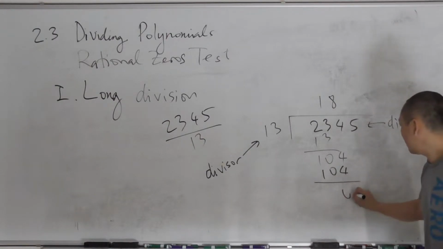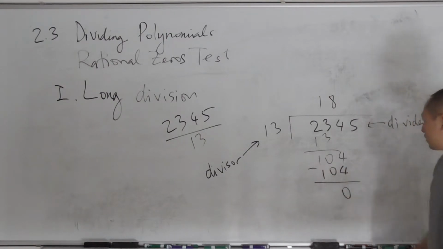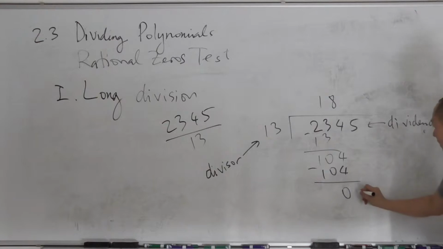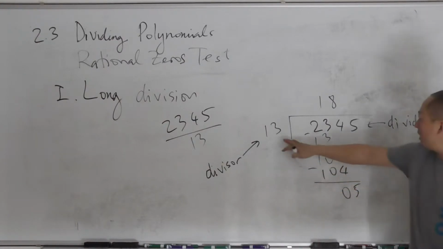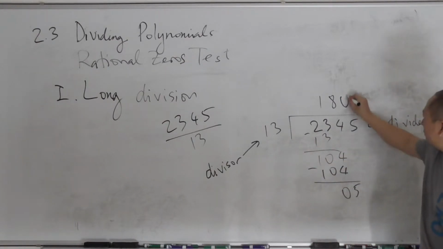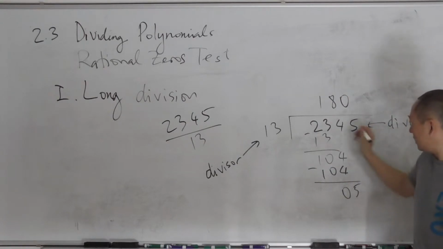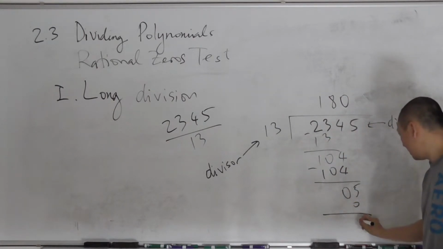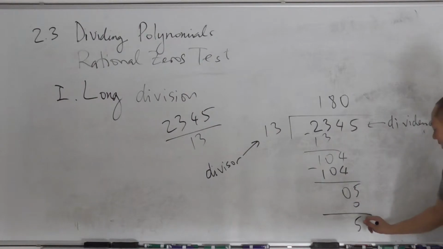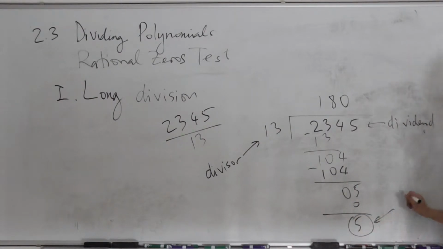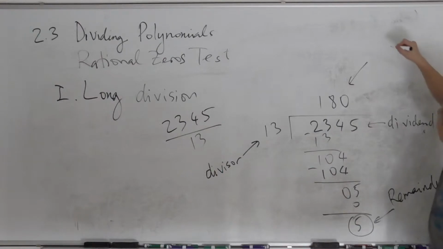Perfect. Do subtraction again, you get 0, and drop the 5 down. 5 divided by 13 is impossible, so you put a 0, and 0 times 13 is 0. Do subtraction again, you get 5, and then you stop. This number 5 right here is called the remainder, and that number 180 right here is called the quotient.